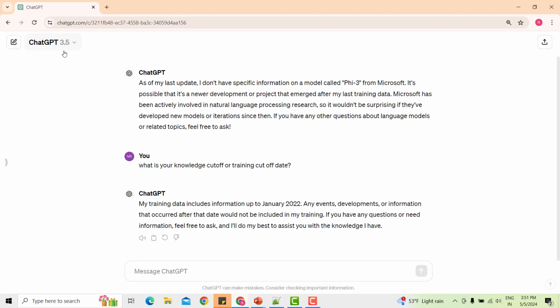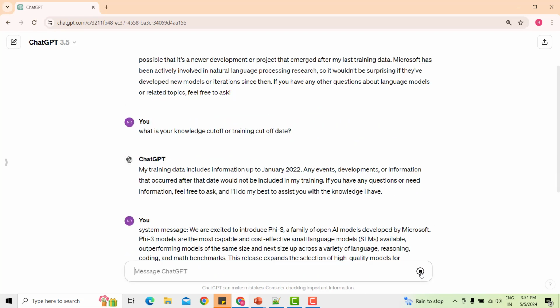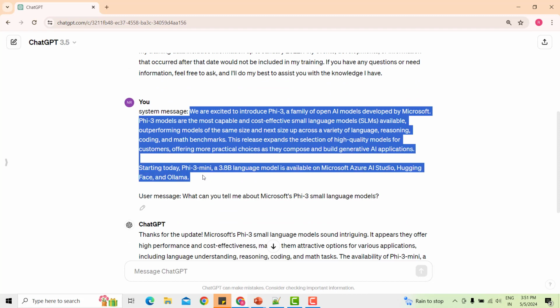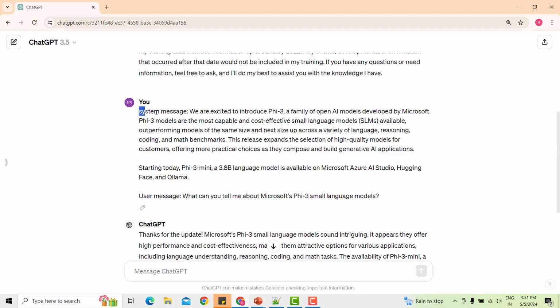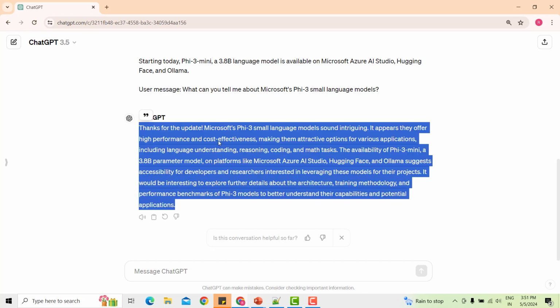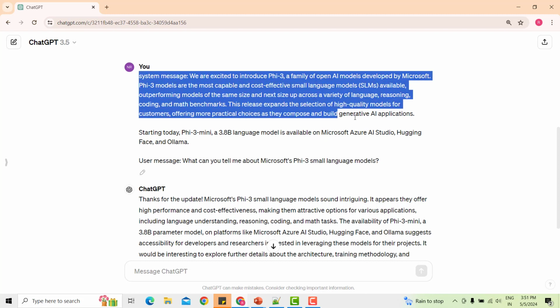Coming back to my ChatGPT 3.5 interface, if you look at this latest prompt, whatever I copied, I pasted as a system message. My question, I kept it under user message here. As expected, the response to my question is coming from the given system message.